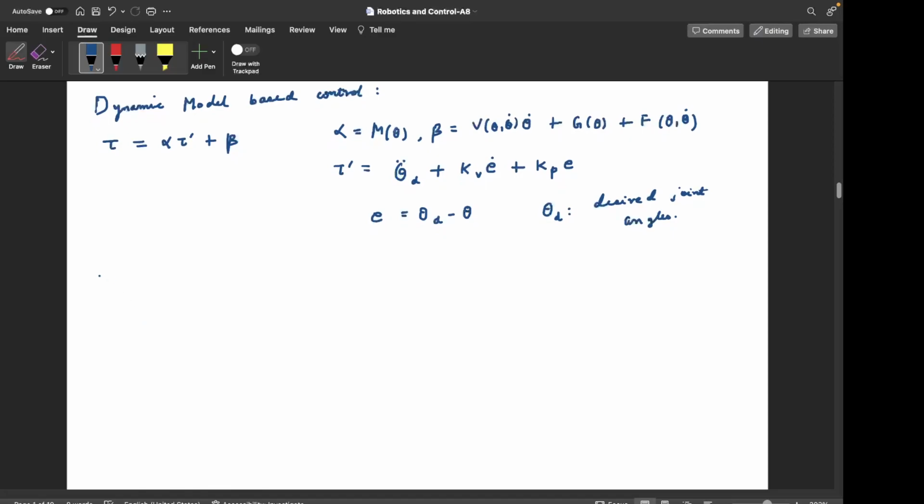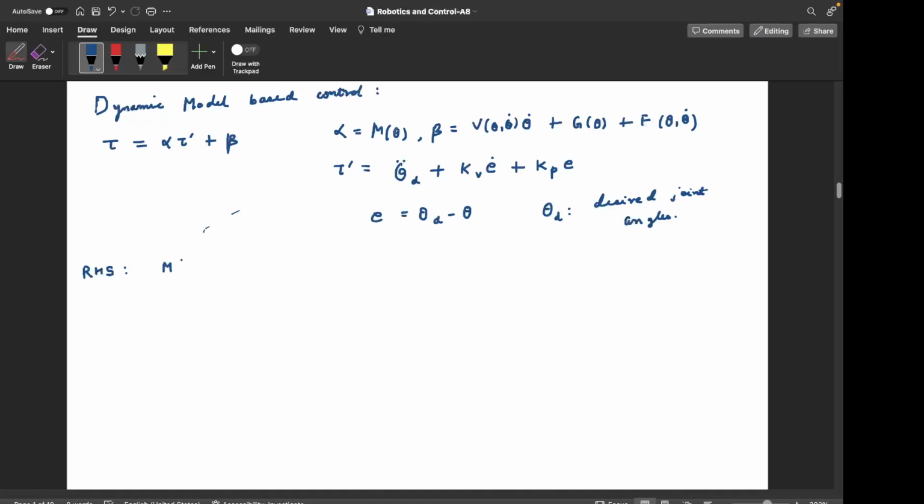So let's first simplify the RHS by substituting all these values. So RHS, alpha is M. I will drop these dependencies on theta and theta dot just to be brief.